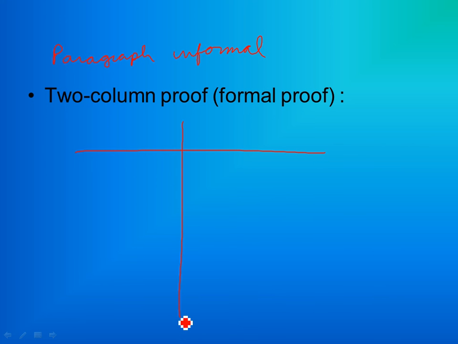It's going to have 2 columns. The first column is going to be your statements. And the second column is always going to be your reasons. And you're going to number these statements and reasons. So you have statement 1, which goes along with reason 1.